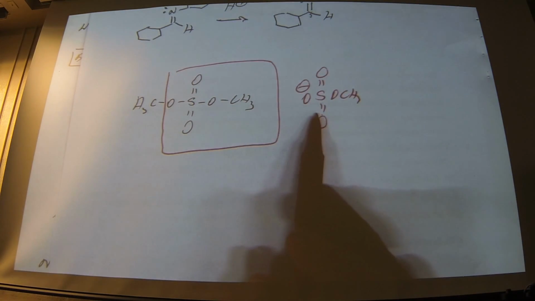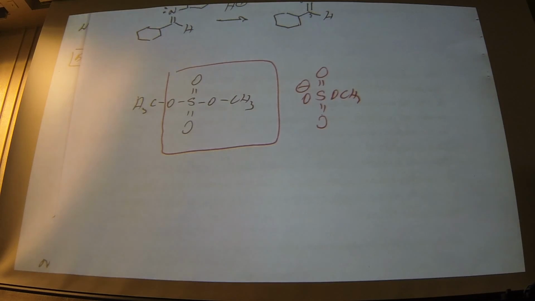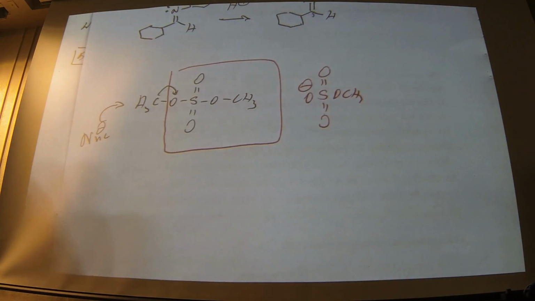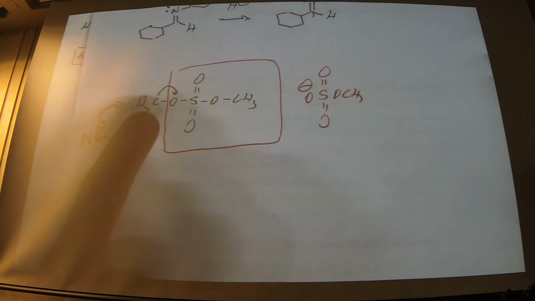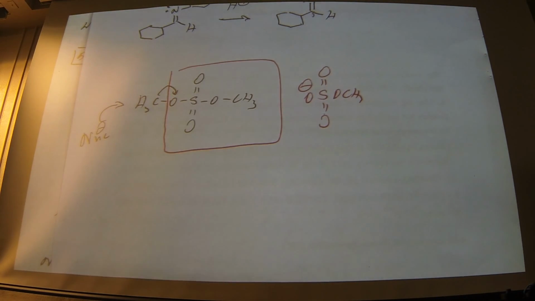This is a very weak base. It's a very strong acid if it's protonated. That means that it is a very good leaving group, correct. So any kind of nucleophile, an electron pair, will do this chemistry very, very easily. And so that's why this is a good methylating agent for DNA.